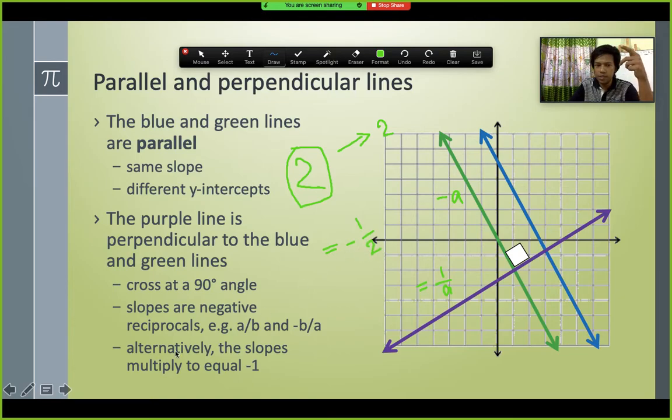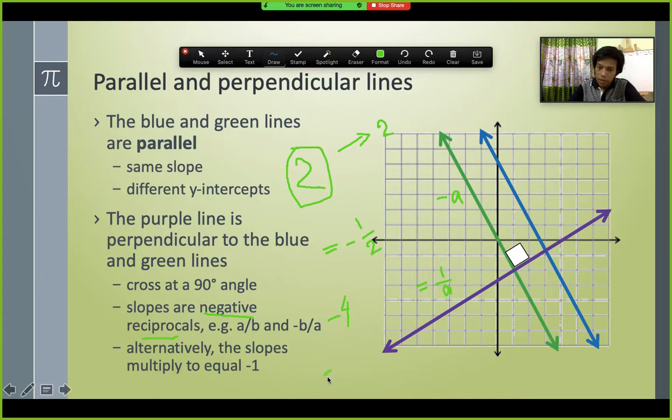This is why it is called the negative reciprocal. See the word negative reciprocal. Now if in my question I directly give that one line's slope is minus 4, what will be the slope of the perpendicular line of this line which has slope minus 4?